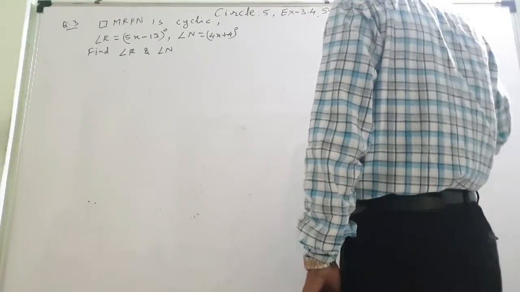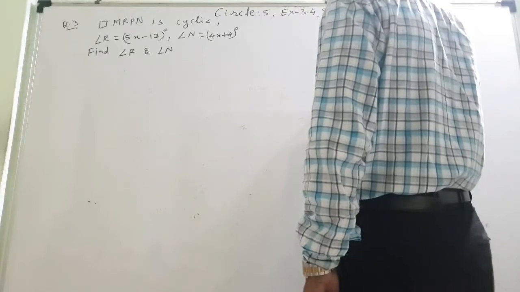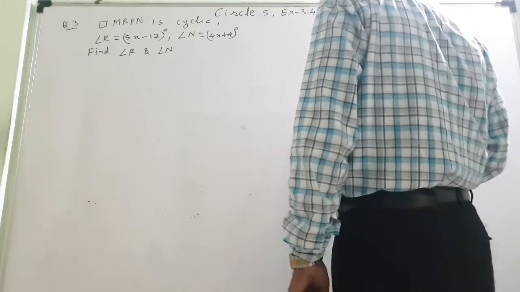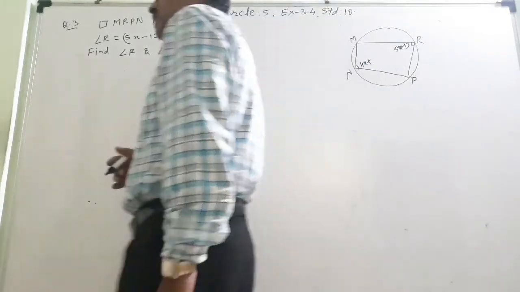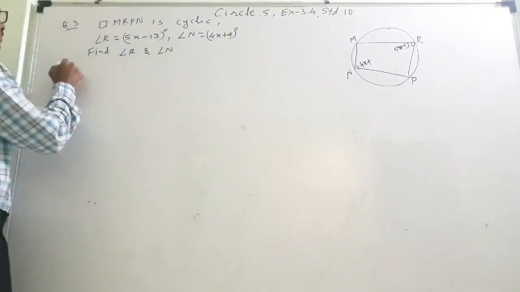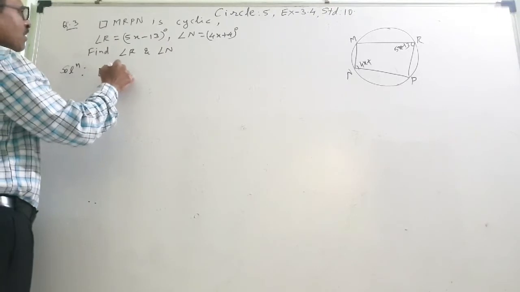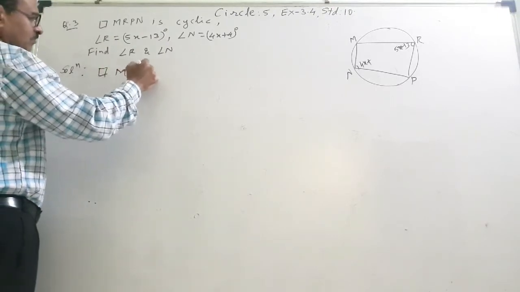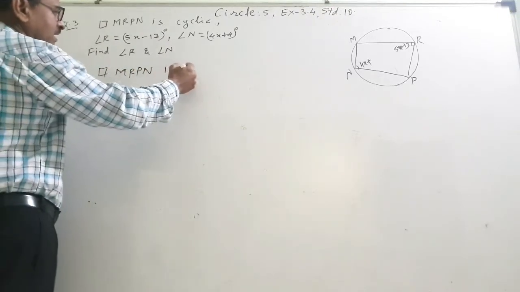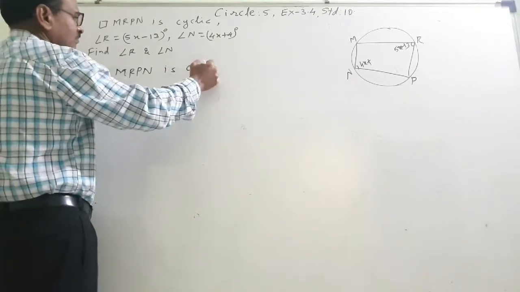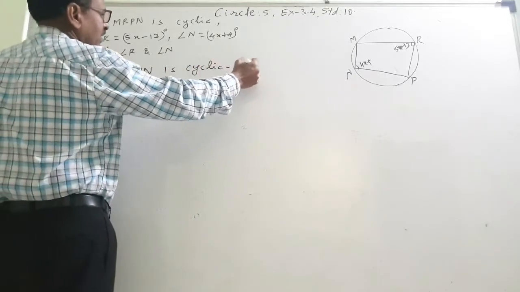This N is 4x plus 4. Immediately what? Solution. The first step is known. Quadrilateral MRPN is cyclic. It is given.